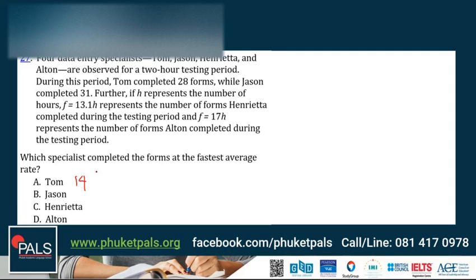So it's going to be 14 H. Jason completed 31 in 2 hours, so 31 divided by 2 is 15.5 H. Then Henrietta is 13.1 H, and Alton is 17 H. So the answer is letter D, because Alton can complete 17 forms in 1 hour.